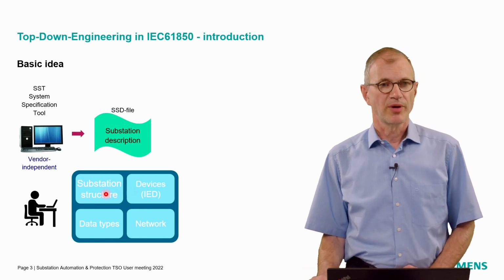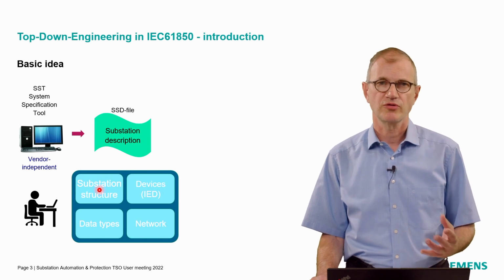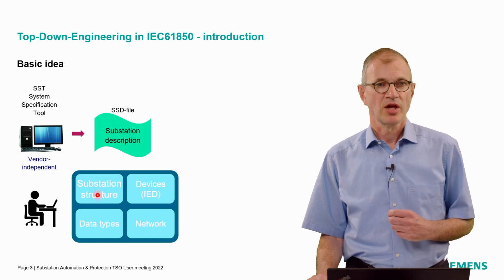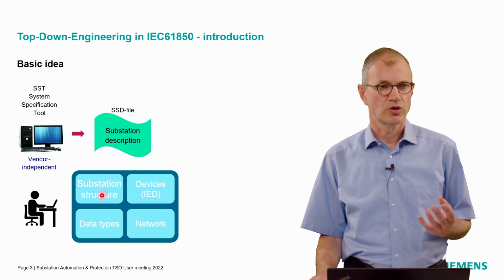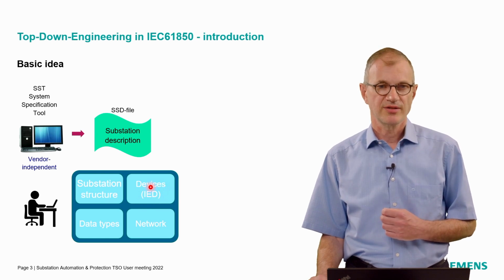It has 4 main parts. The substation structure, this is the topology, for example, the bus bars, the voltage levels, the bays, something very good, visible also for humans. Then you can describe the devices, the IEDs.